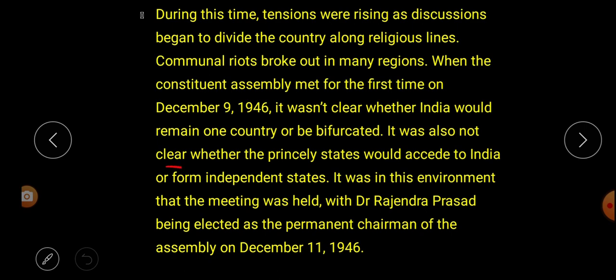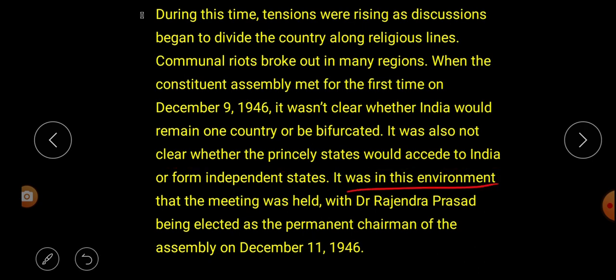It was also not clear whether the princely states would accede to India or become independent states. That means people were not clear whether the princely states would join India or form independent, separate states.